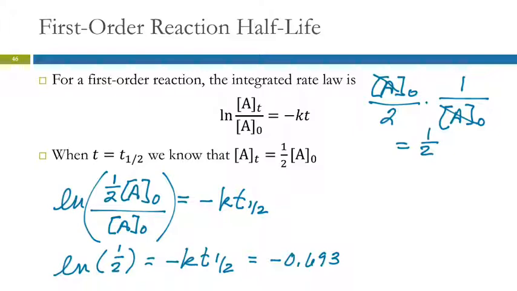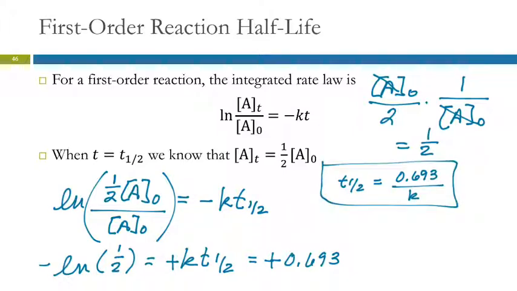Well, we've got 2 negative signs there, so we could just multiply everything by -1 and make these positive. Of course, that would make this one negative. And there we have k T1/2 is equal to positive 0.693. So to get T1/2 by itself, we just divide by k. And that's the half-life expression for a first-order reaction.